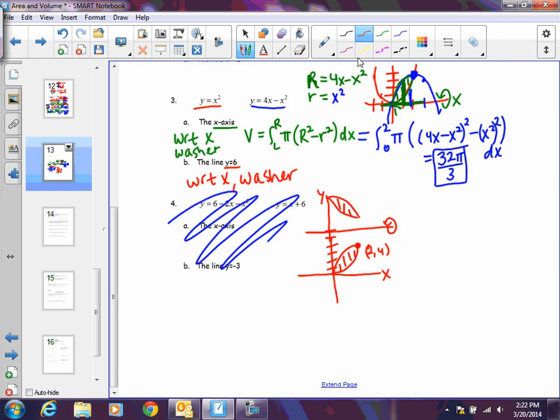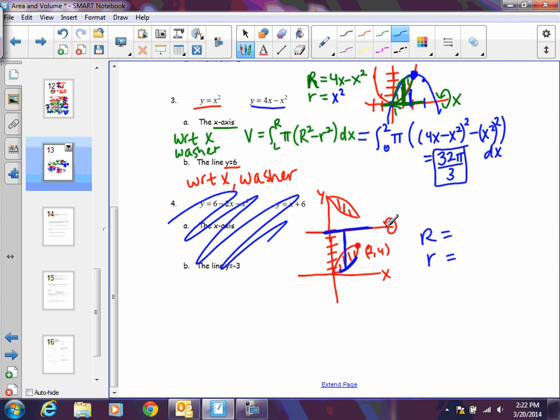Okay, so going back to, we need to know what big R and little r are. Okay, start at the axis of revolution. Go to the outer rim. You got to think, with respect to x, what are these two functions?